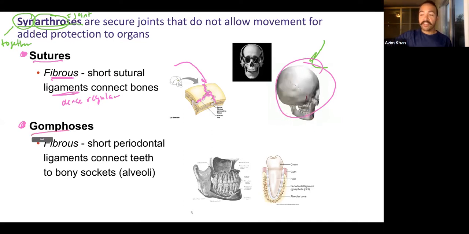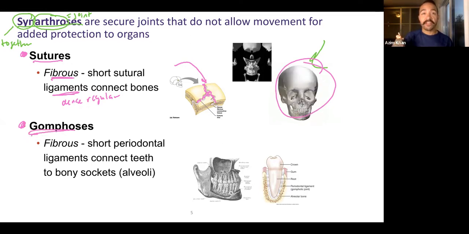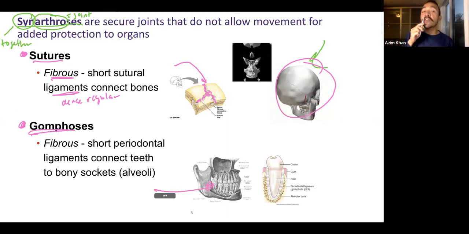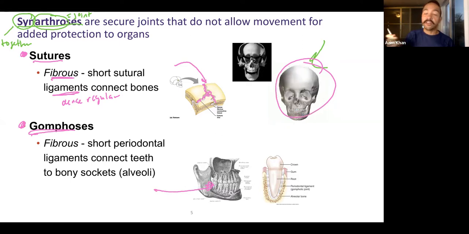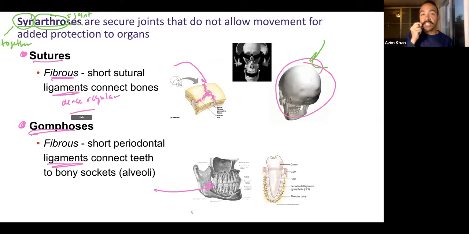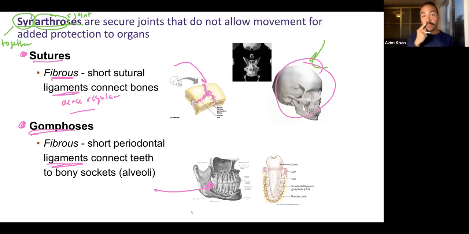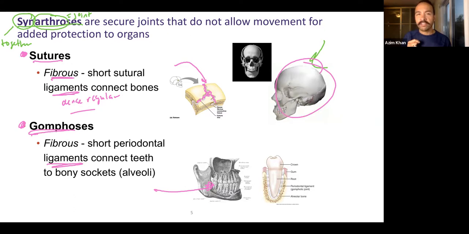A gomphosis, this is a fun word, gomphosis, PH is an F sound. Gomphosis is specifically between your teeth and your maxilla or mandible, because that's the only place where you find your teeth. Very short ligaments, once again dense regular, connecting your teeth to your maxilla if it's in the upper jaw, or mandible if it's a lower jaw. You don't want your teeth to move.